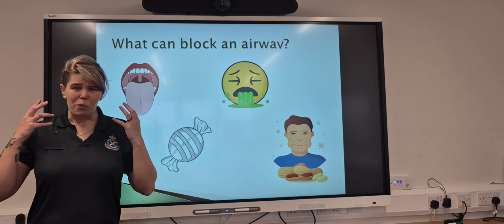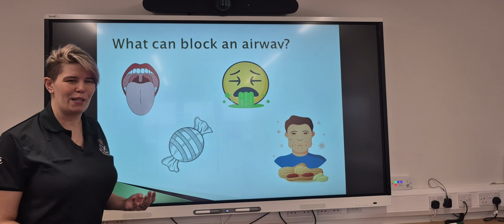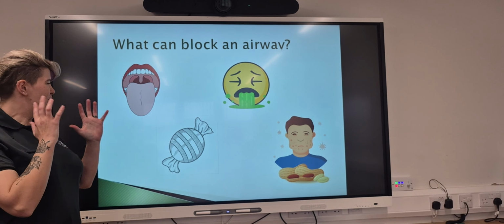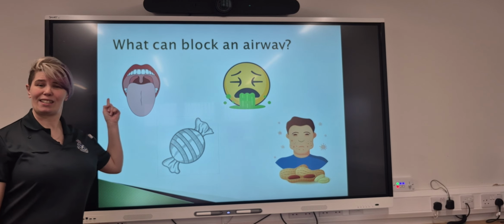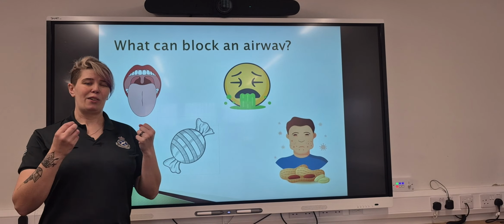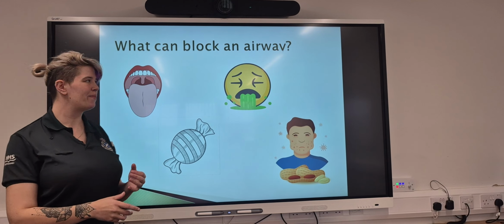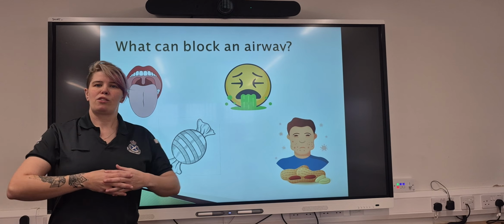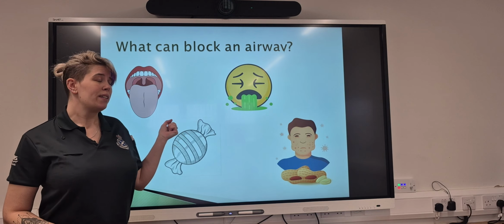So, what can block an airway? Pretty much anything. If you can get it in your mouth, it's going to block. But the main thing that can block an airway, number one, is the tongue. As we looked at earlier in that diagram, your tongue is really quite a large muscle, and when you're conscious and able to speak, it doesn't present as much of a problem.